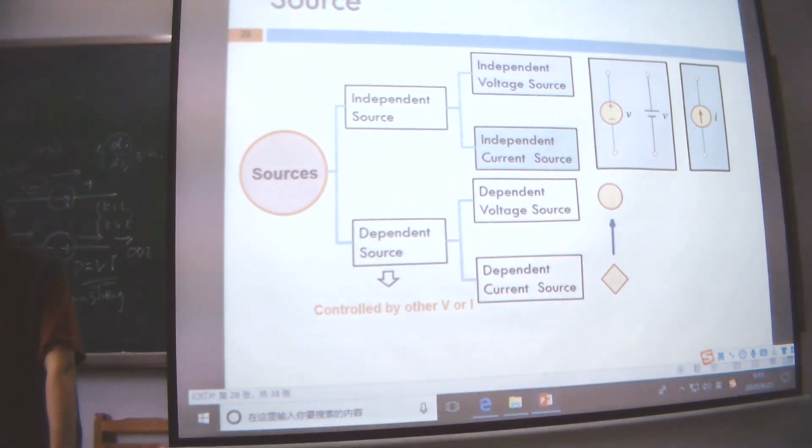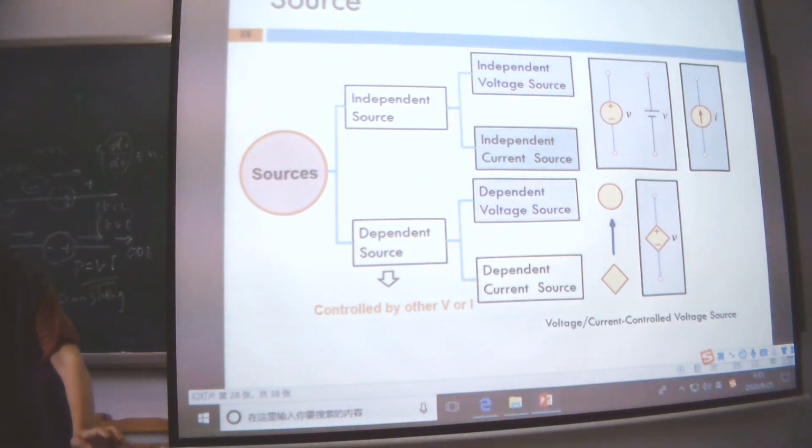Then we have the dependent source, and for the dependent source, we just change the circle to a diamond. So, for a voltage or current controlled voltage source, it's like this. The figure inside the diamond is a positive and minus sign, so this one means it's a voltage source. But what controls it?